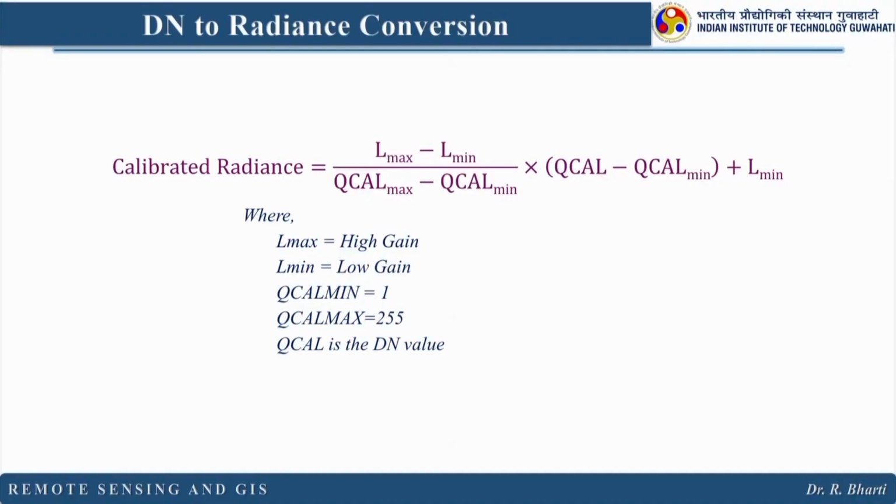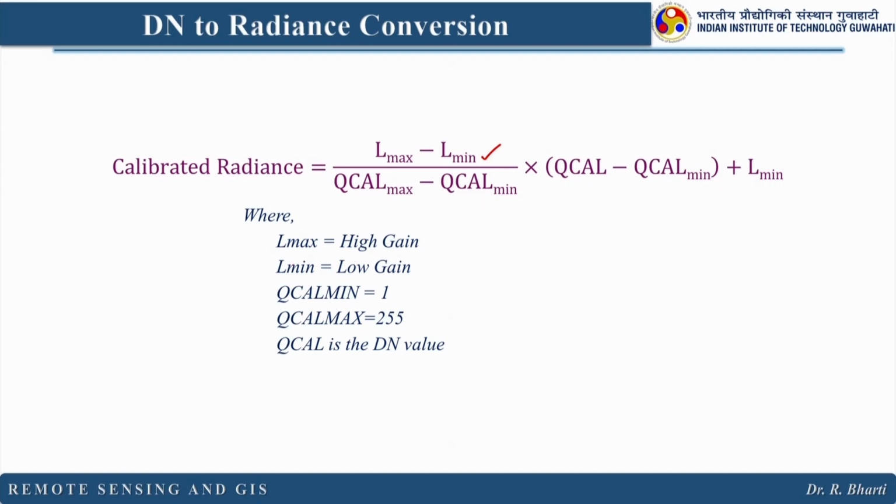We have the next equation, which is to calculate calibrated radiance, right, where we use L max, L min, then Qcal min plus L min, then Qcal max, Qcal min. What are they?